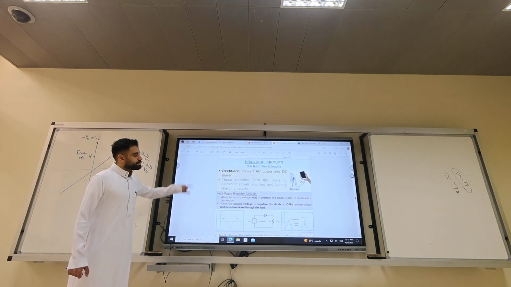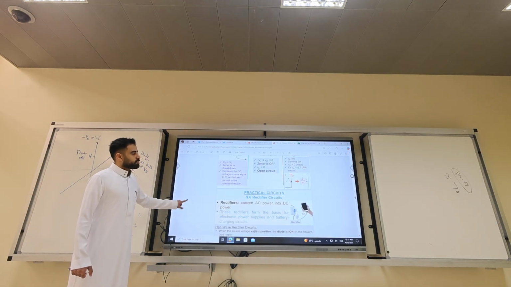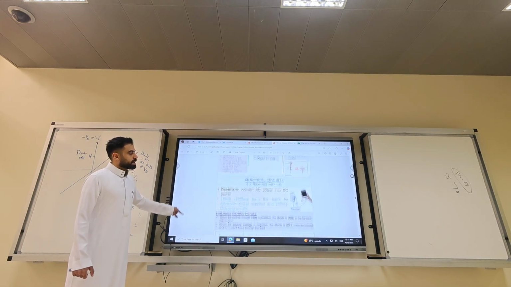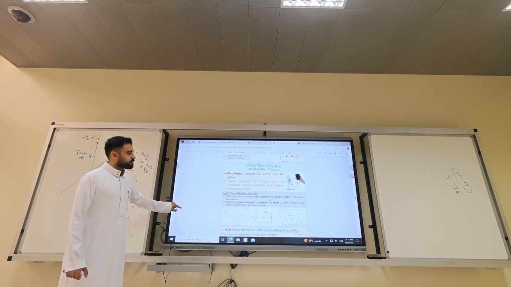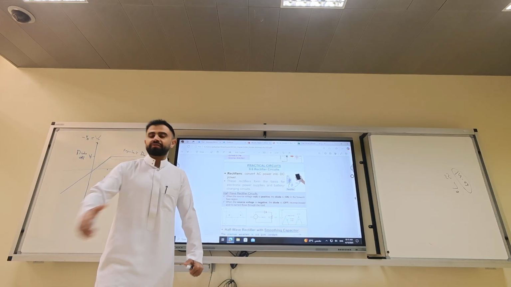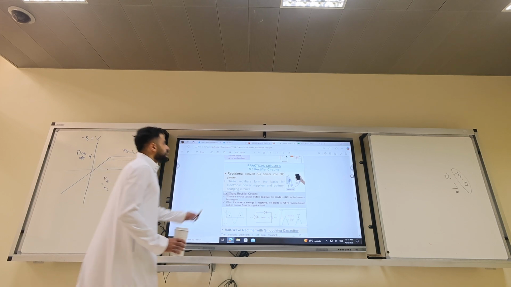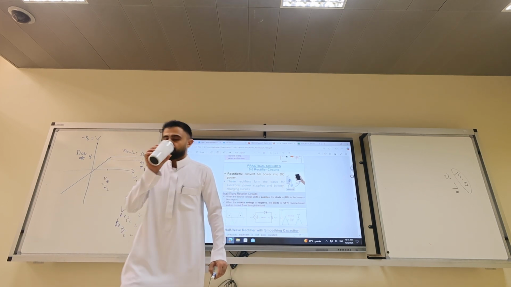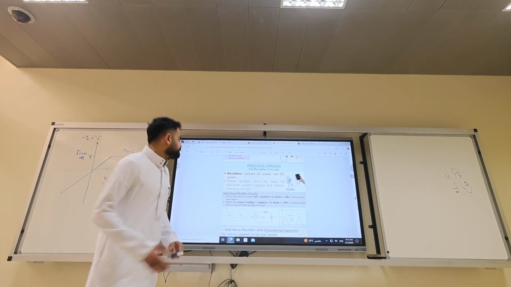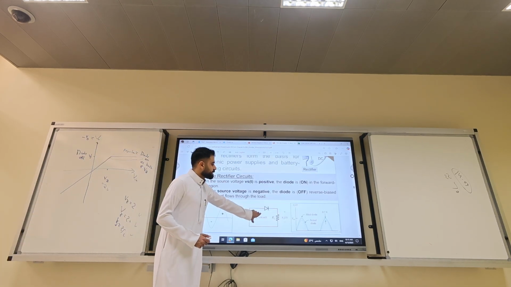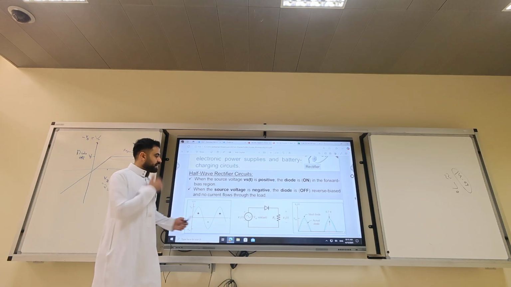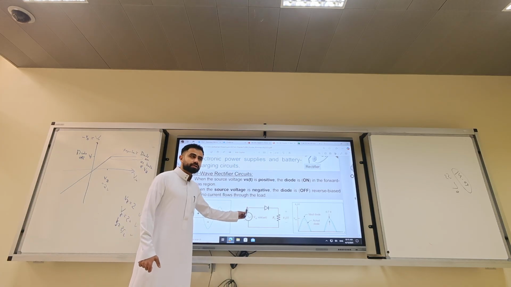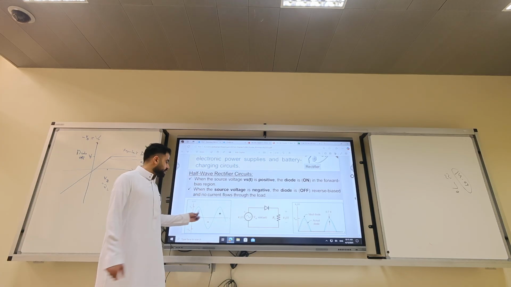Let's go back to what we talked about also, the practical application. We talked about the rectifier. The rectifier converts AC power into DC power. In this circuit, last time we talked about applying a positive voltage at the positive cycles of the AC signal.